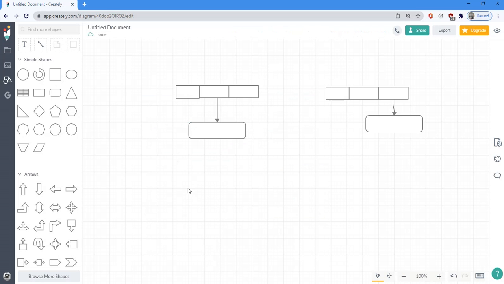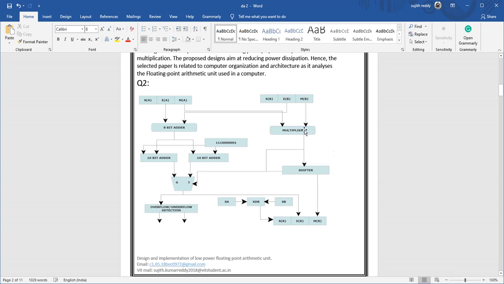By double clicking on it, S bracket A, E bracket A, and M bracket A. The second part also contains the same, but it's the B part of it.